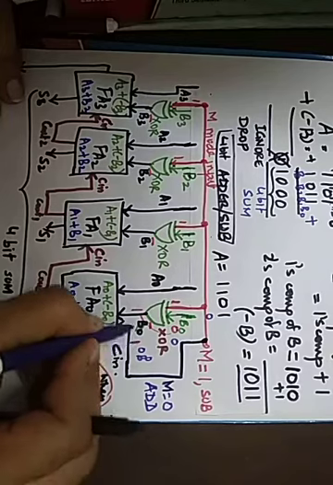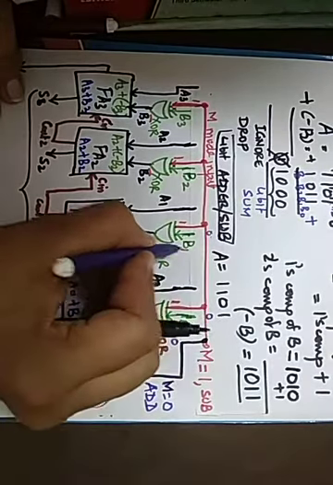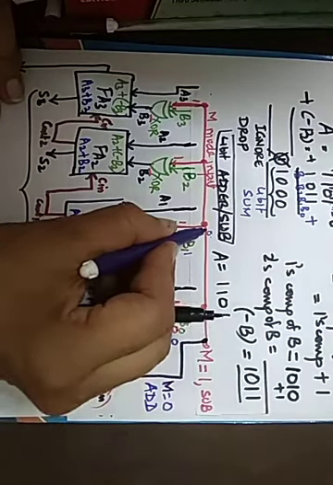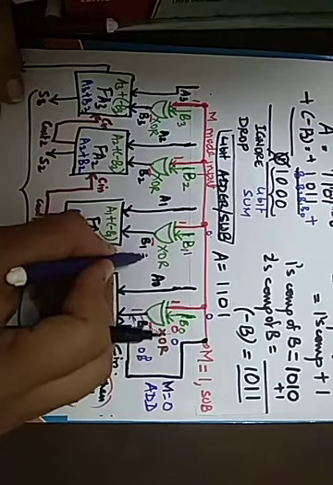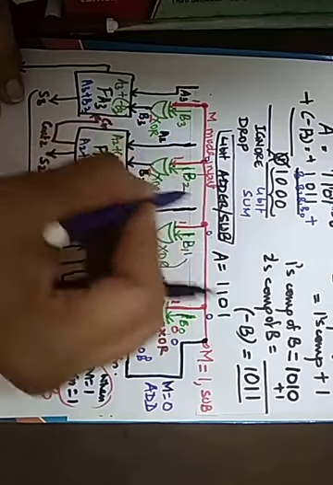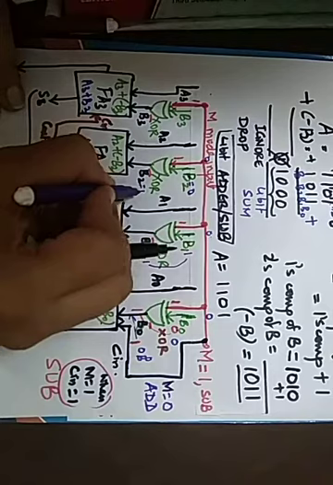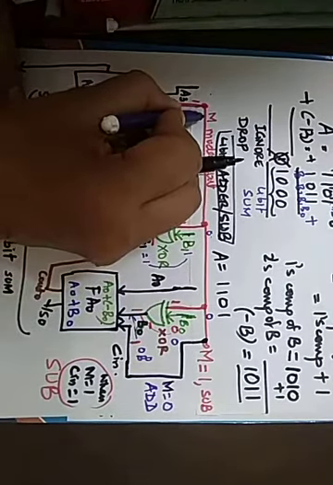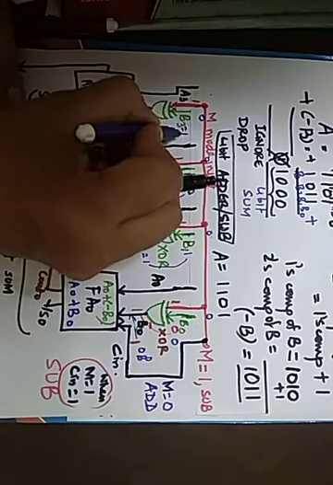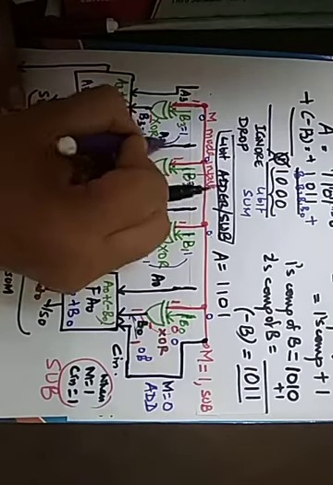So this will be B0 over here. If M is 0 and B1 is say 1, 0 and 1 will give you a 1, which is the same. Similarly here, if M is 0 and you have B2 as 0, 0 and 0 will give you a 0. It's the same as B. And over here, if this is 1, 0 and 1 gives you a 1, which is the same as B.